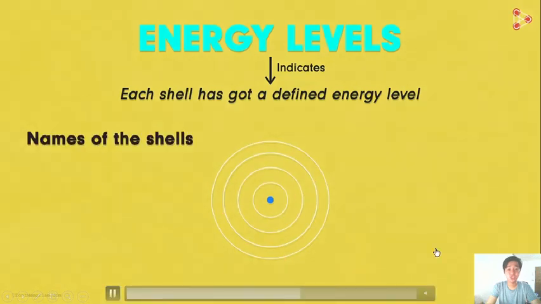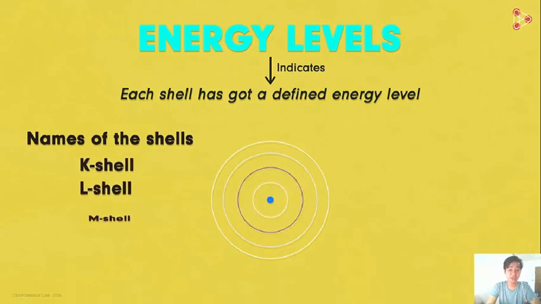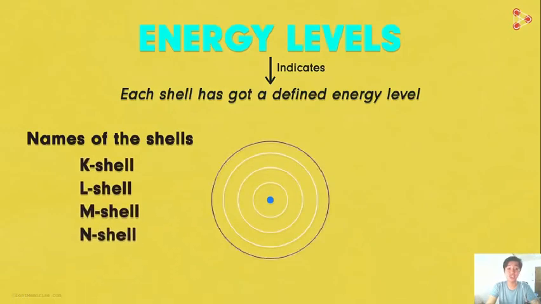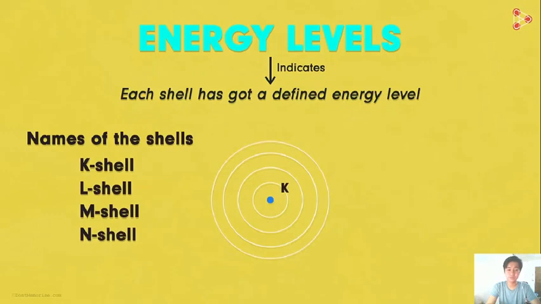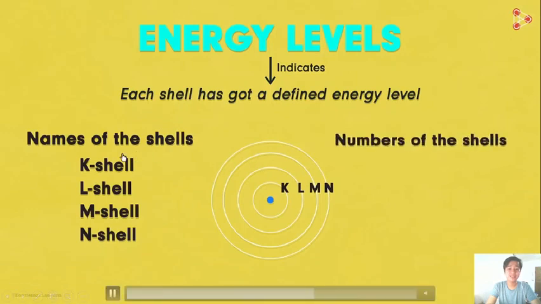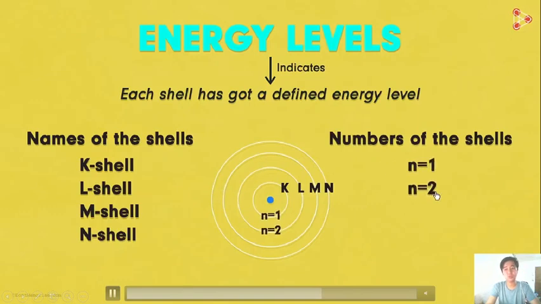The names of the shells, according to Niels Bohr, starting from the closest to the nucleus, are K shell, L shell, M shell, and N shell. So K is the nearest to the nucleus. But that energy shell is also called energy level, so do not be confused. It's called energy shell, it's also called energy level, which can be represented by numbers which we mentioned a while ago.